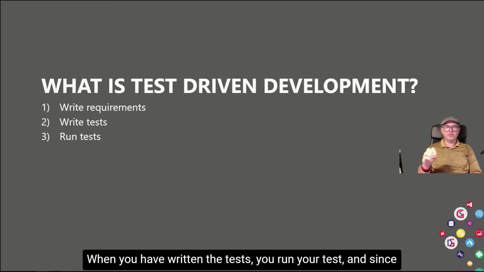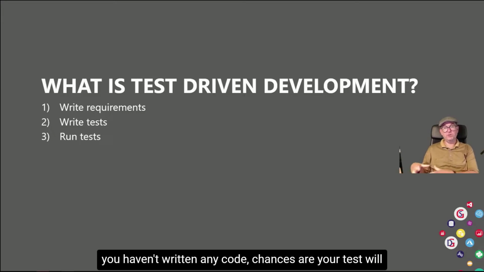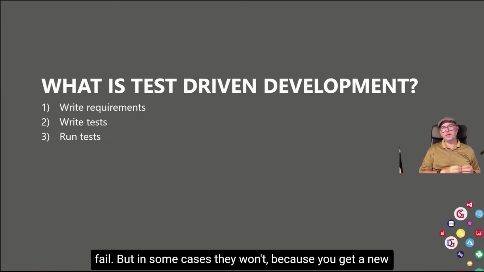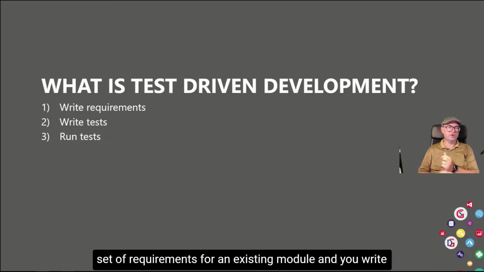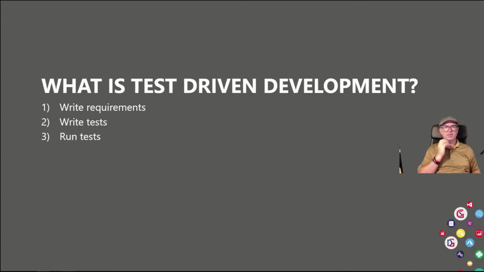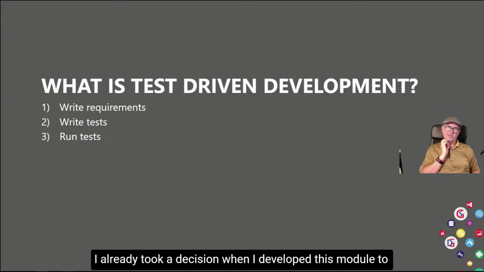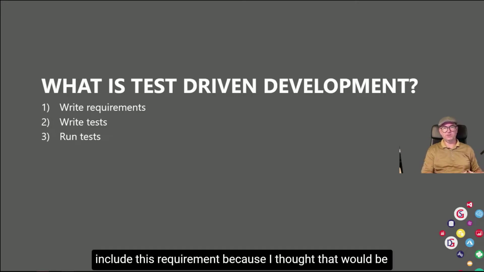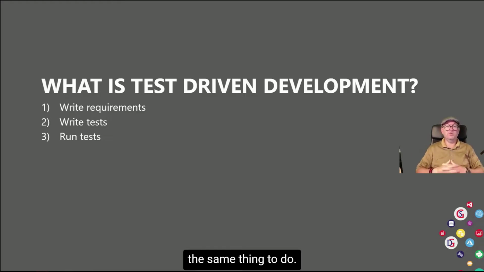When you have written the tests, you run your tests. And since you haven't written any code, chances are your test will fail. But in some cases, they won't, because you get a new set of requirements for an existing module. And you write the unit test only to see that, okay, I already made a decision when I developed this module to include this requirement, because I thought that would be the sane thing to do.